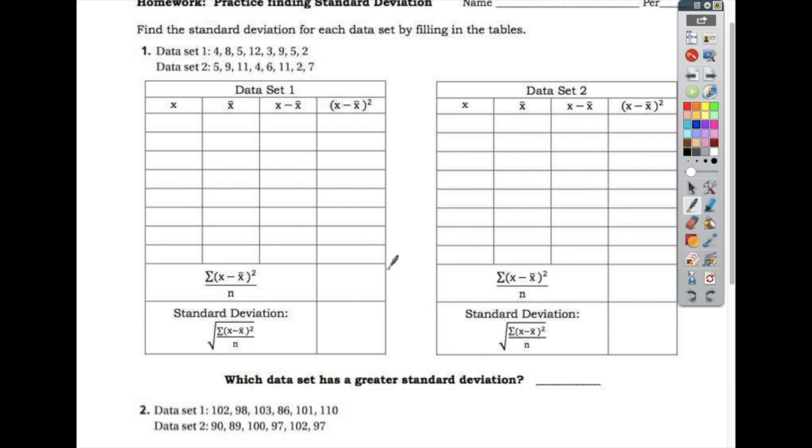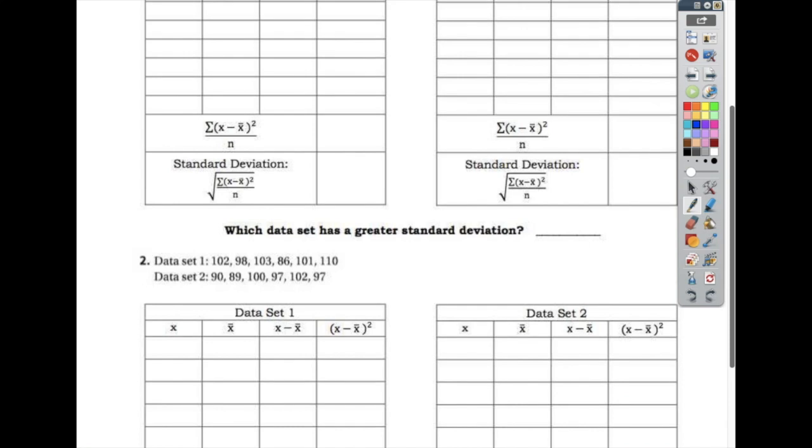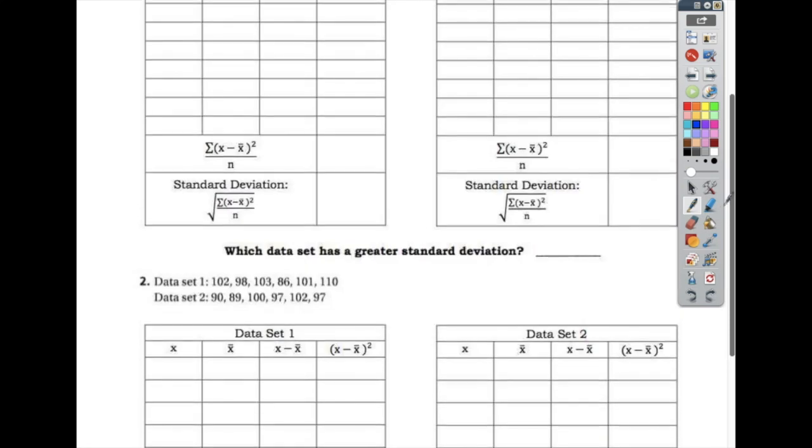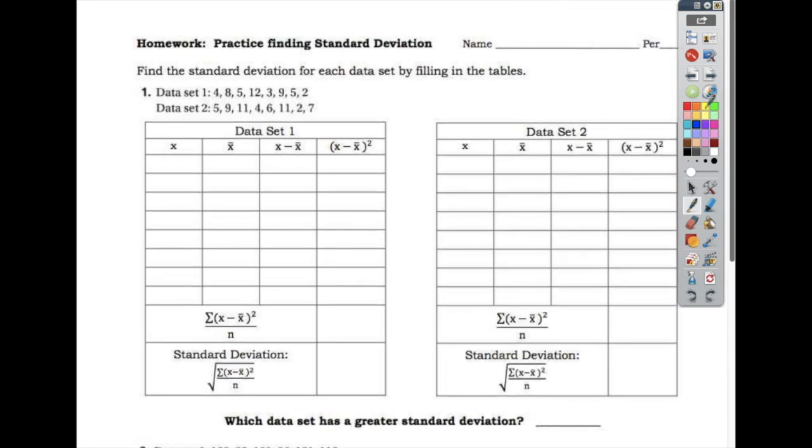And it might be a good idea at the beginning, once you figure out the mean, go ahead and look back at these sets of data and see if you can estimate which one's going to have the higher standard deviation, which one looks like the values are further away from the mean overall. And just try these two examples on your own, and then that is it for today.